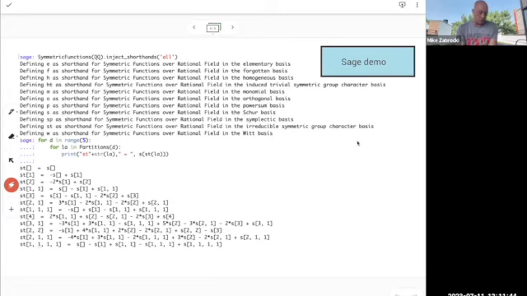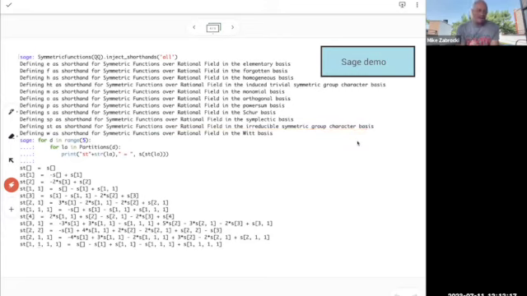If you type into Sage symmetric functions QQ and say inject shorthands all, then you get not only the standard bases, but also a few interesting character bases, one of which is this one that I'm describing here.